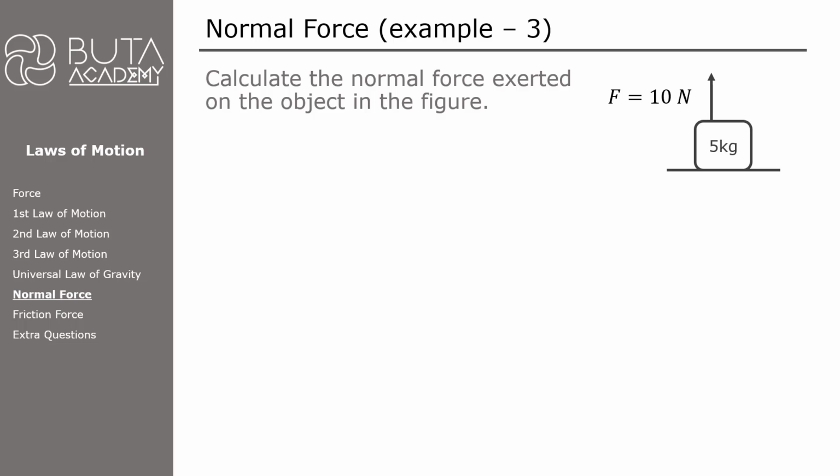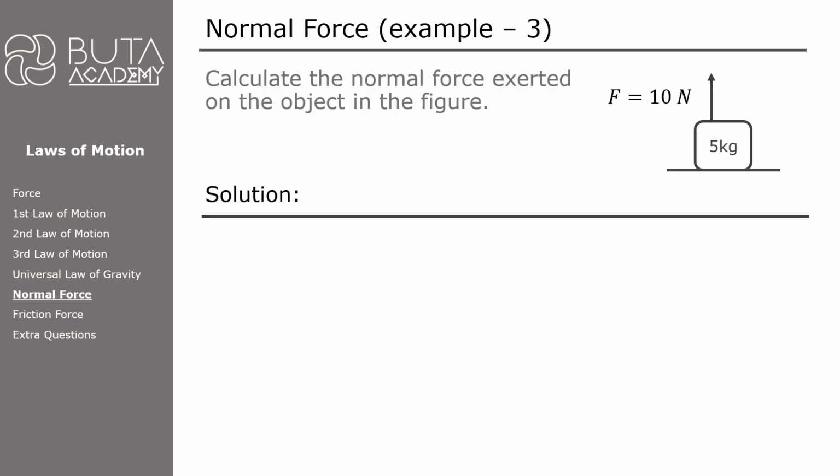The last example of this video is very similar to the second one. The only difference is the direction of the applied force. In a free body diagram, we draw the force of gravity and the normal force as usual. For the applied force, we will just swap its direction.